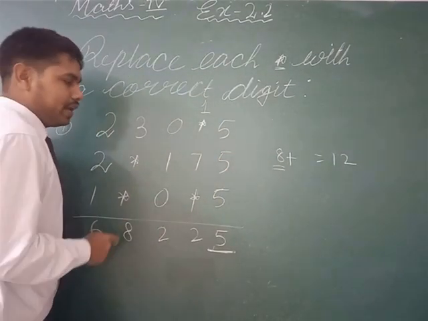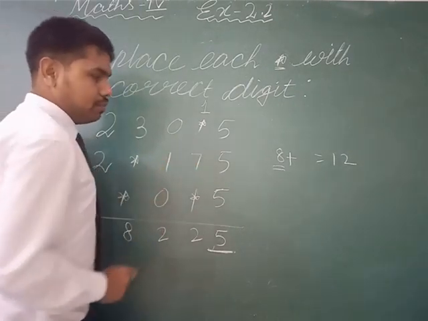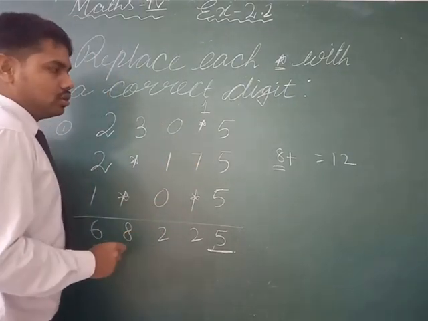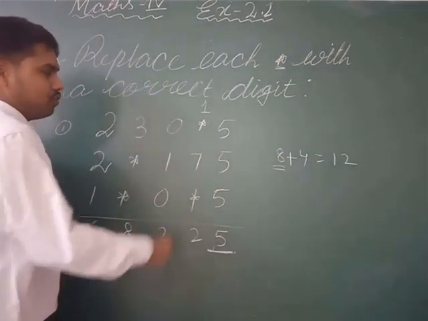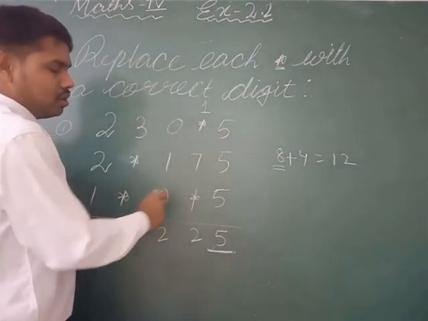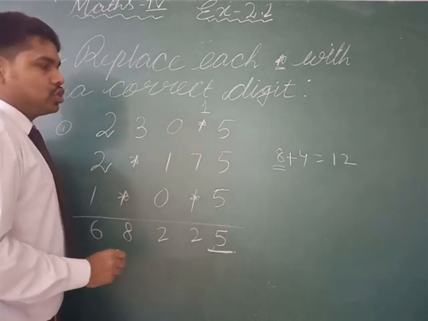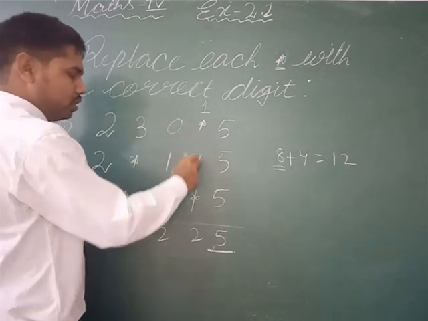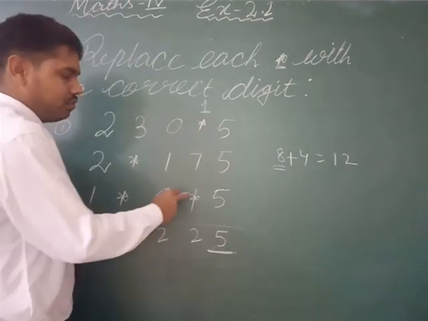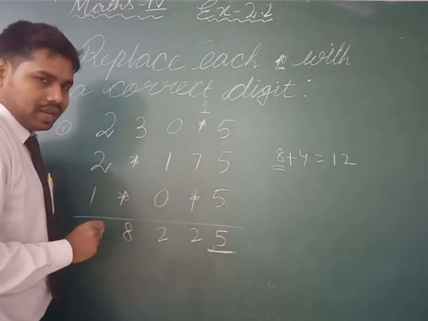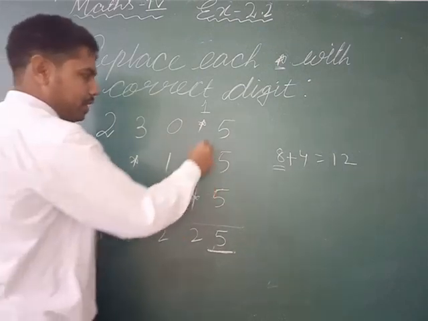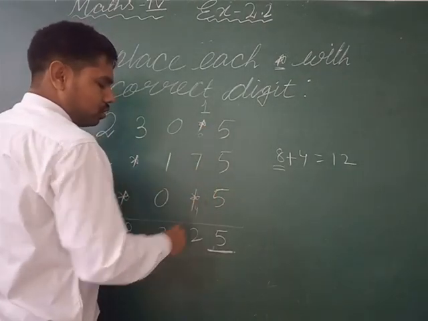Okay, but here we do not have to write just any number, because we know 8 plus 4 is 12, right? So if you write here 4, then here also you have to write, right? So if you write here 4, you can write 0 here, or if you are writing 4 here, you can write 0 here. One answer it may be here 0, here 4.